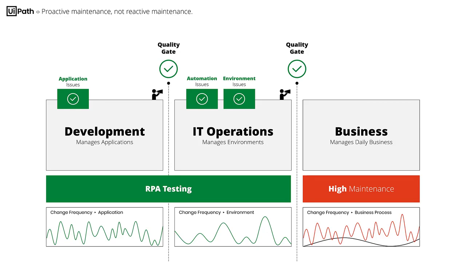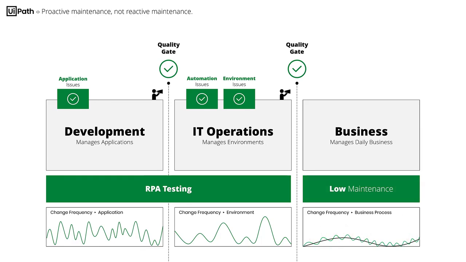So the main takeaway here is that the UiPath test suite is not just a solution that helps software testing teams within software development to test their software applications. No, the UiPath test suite is also a solution that helps RPA teams to continuously test their robotic process automation against application changes and environment changes.